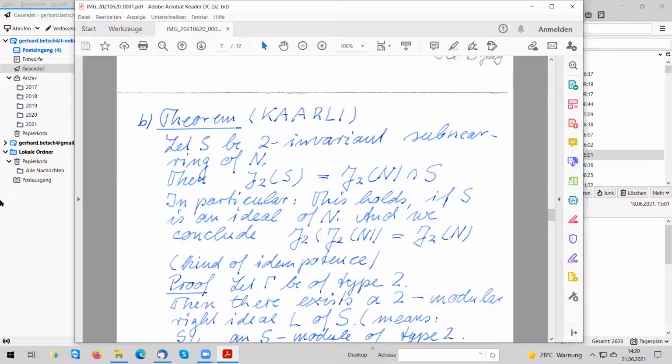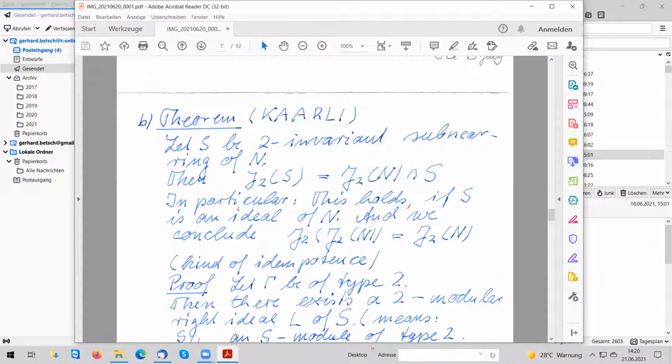And we conclude, for instance, if S is an ideal, we have J2 of S is J2 of N intersected with S. And if we take as the special ideal J2 of N, then we have J2 of J2 of N is J2 of N, which in the nearring modulo J2 of N is the zero ideal.